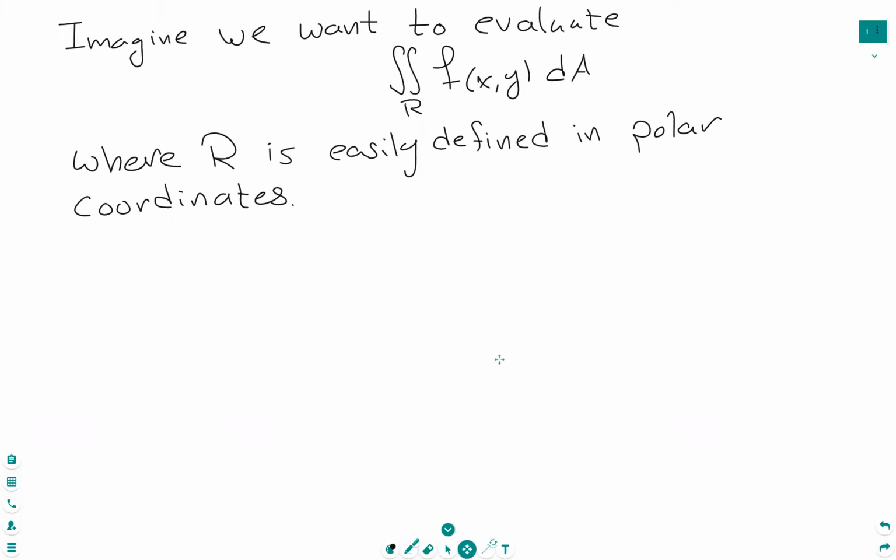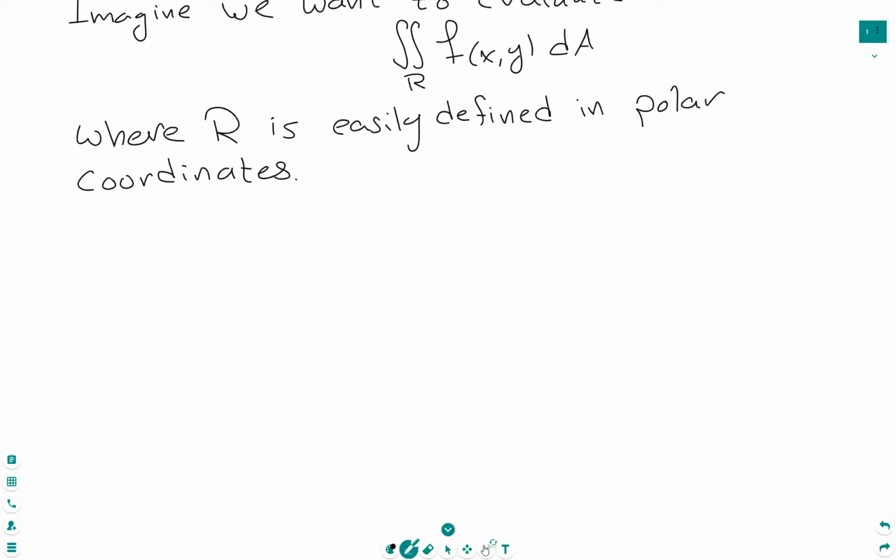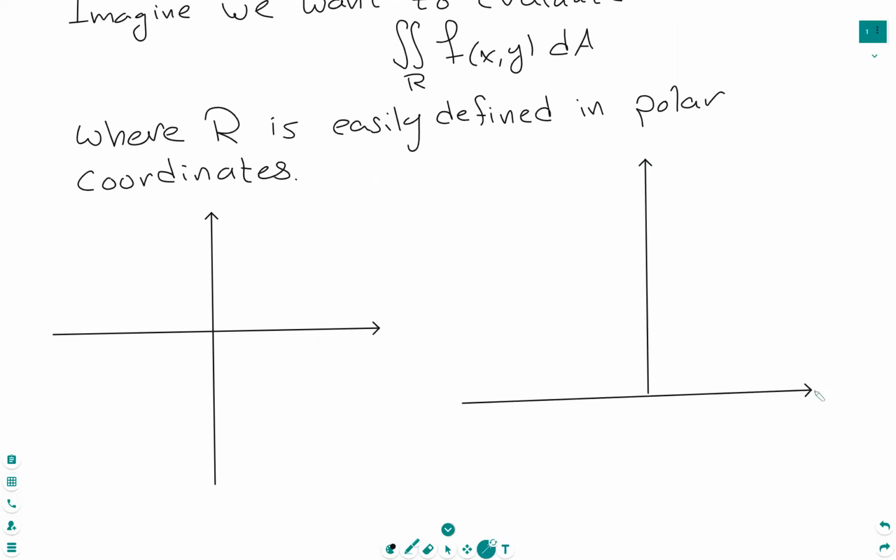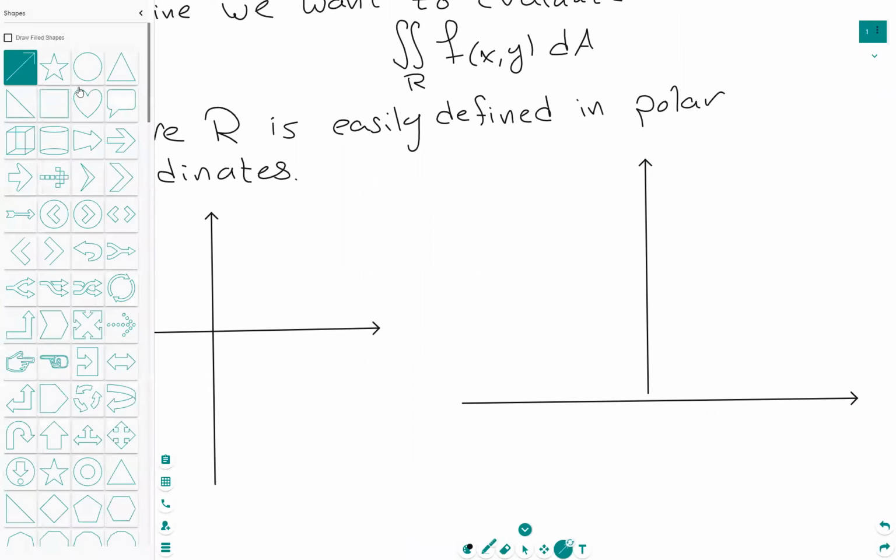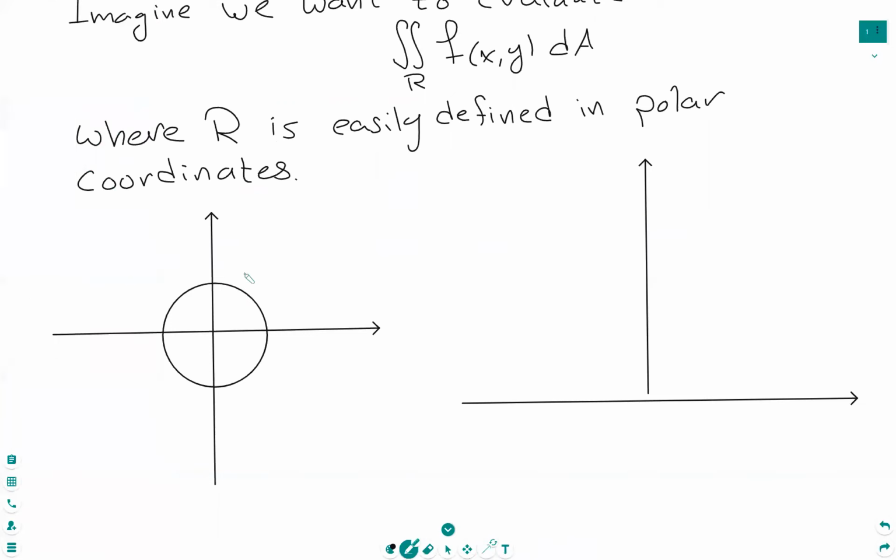So maybe we have a region, draw 2 here. Perhaps we have just a circle and it's everything inside this circle.